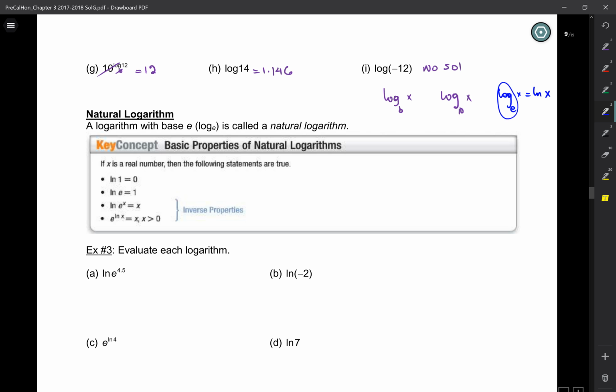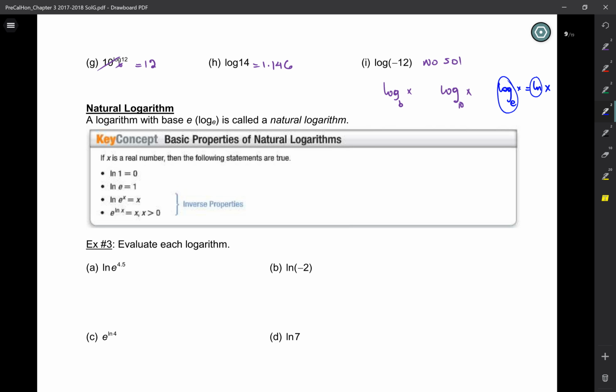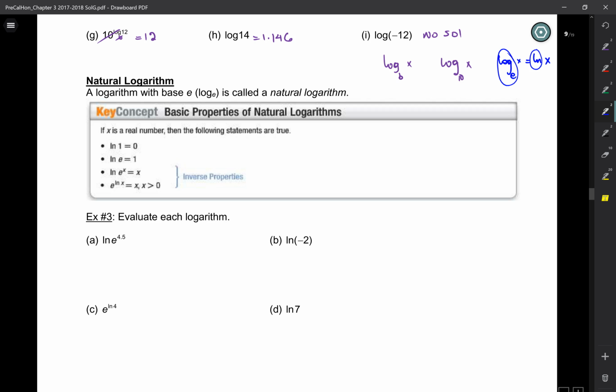So log base e is just ln. Okay? And in the same way, if I have ln of 1, that's like saying log base e of 1. And the question is, e to the power of what gives you 1? 0. So ln of 1 is 0. Okay? ln of e is 1.